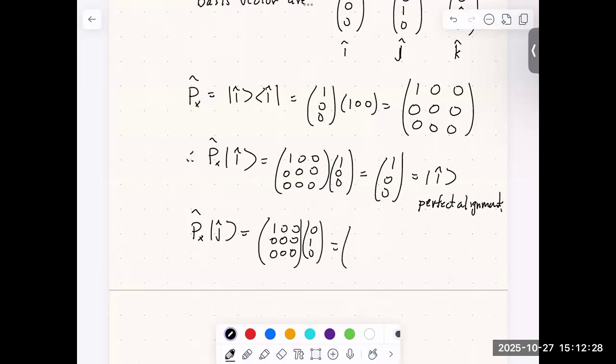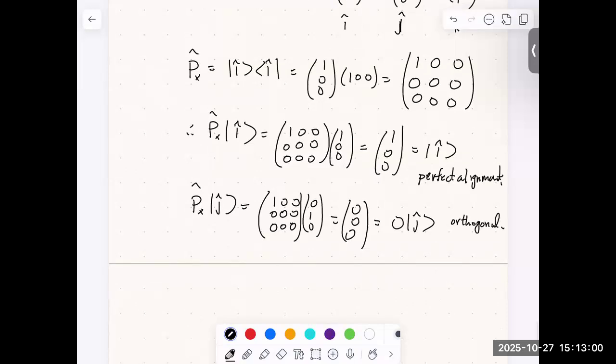Okay, so 1 times 0 plus 0 times 1 plus 0 times 0 is 0. 0 times 0, 0 times 1, 0 times 0. We're going to get 0. And we'll get 0 again. And so this is like 0 times j hat, if we like. And so it's orthogonal. Okay, so that's nice, I guess.